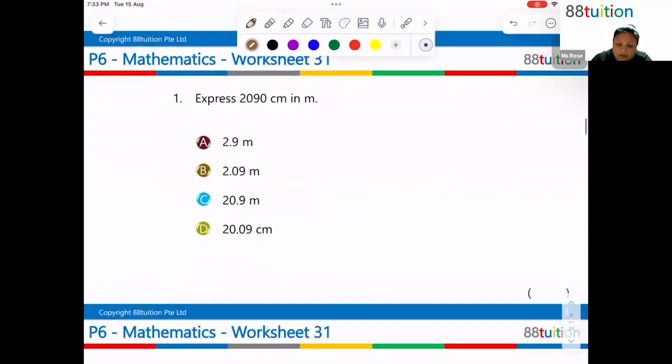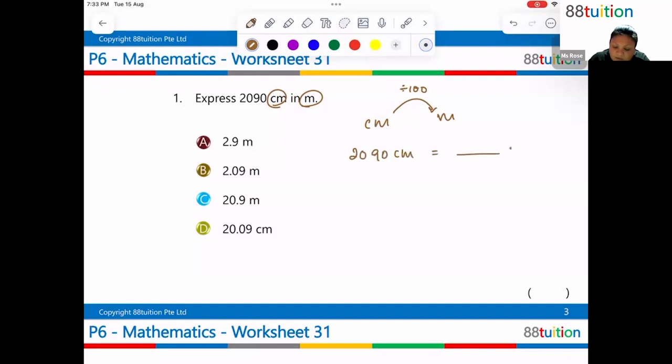All right, so let's look at question number 1. Basically, question number 1 is conversion of cm to meters. That means to convert from cm into meters, we divide by 100. So if I have 2090 cm, to convert it to meters, I divide this by 100.